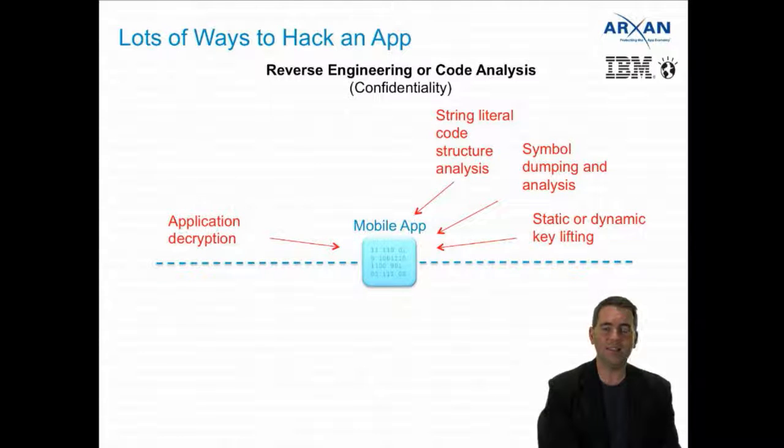The idea is that this code encryption is supposed to prevent somebody from reverse engineering, doing literal code structural analysis, symbol dumping, key lifting, those types of things. So let's switch to a video where I show you how to actually bypass the code encryption provided by Apple on an iTunes downloaded app and then successfully reverse engineer it.